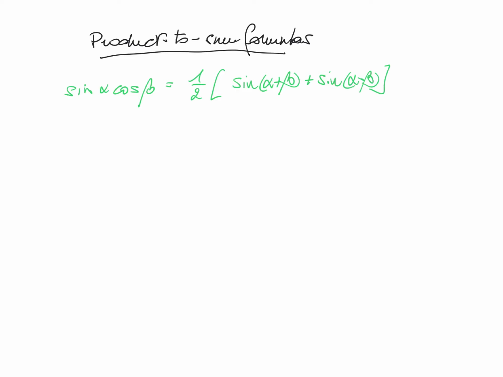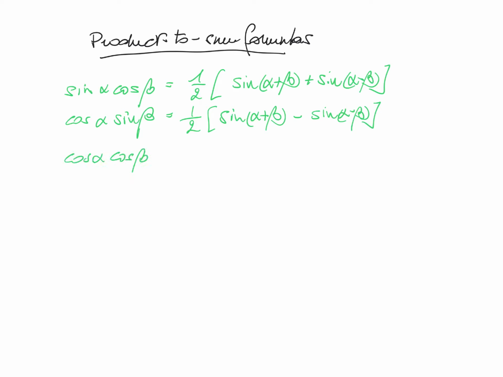If we have cosine alpha times sine beta, that is 1/2 of sine alpha plus beta minus sine alpha minus beta. We can also have two cosines, so cosine alpha, cosine beta.